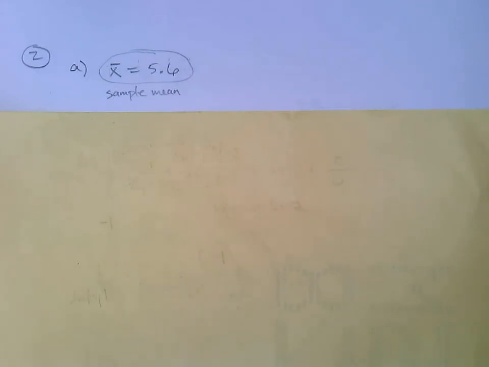Part B, now we're going to do a confidence interval. Find the 90% confidence interval of the population mean, which will round to 2 decimal places. So you'll notice as you do more of these problems, there's a few confidence intervals that are by far the most popular. The most popular easily is the 95% confidence interval.